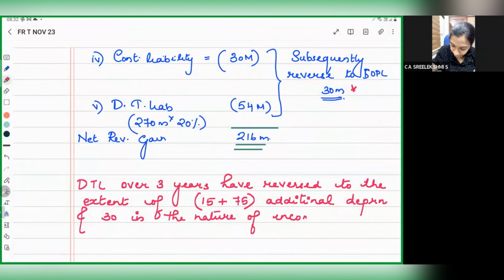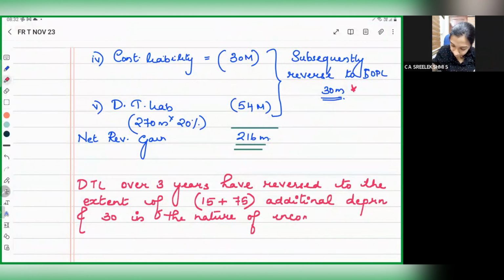Therefore 90 expense minus 30 income, to the extent of 60 into 20%, 12 million would have reversed.